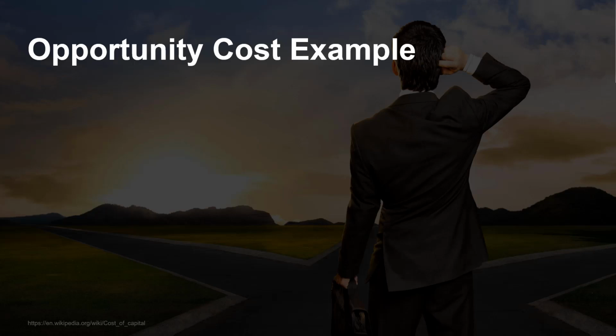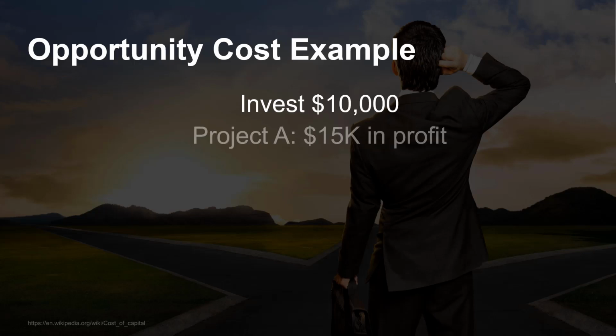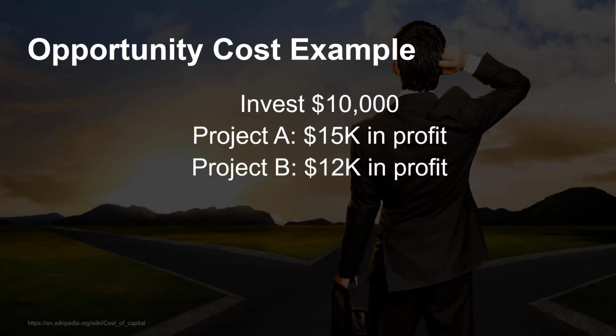Here's an example. Say you had $10,000. You could invest that in Project A for a product that is projected to produce $15,000 in profit in 1 year. Or you can invest it in Project B, projected to net the company $12,000 in profit in 1 year. So if you could do both projects, you would be able to take advantage of both these opportunities.